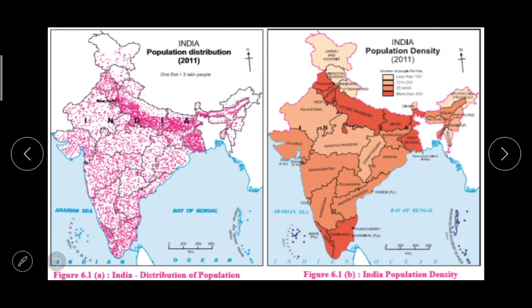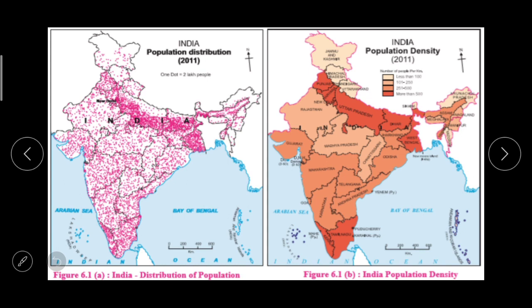Now here in our textbook, figure 6.1a and figure 6.1b are given. The 6.1a is of India, distribution of population, and the 6.1b is of India, population density.